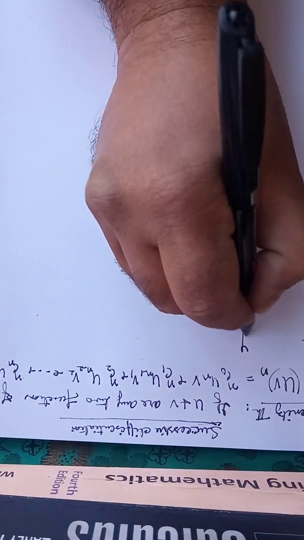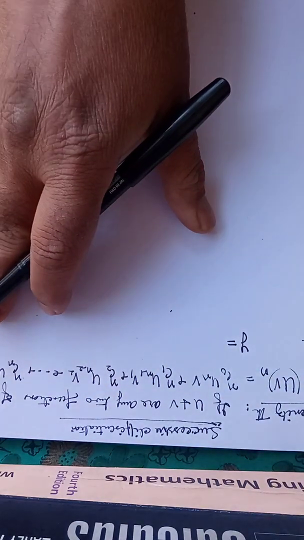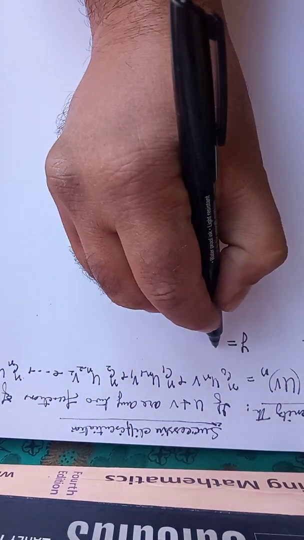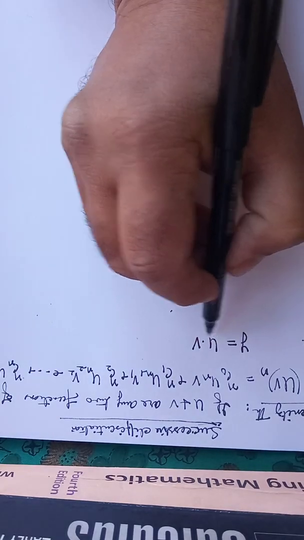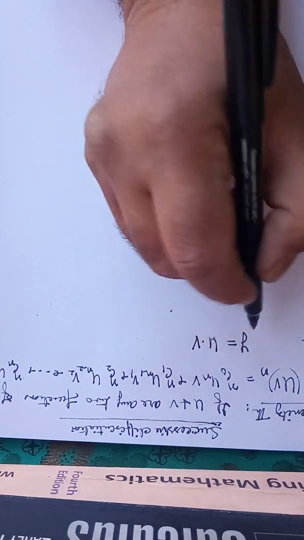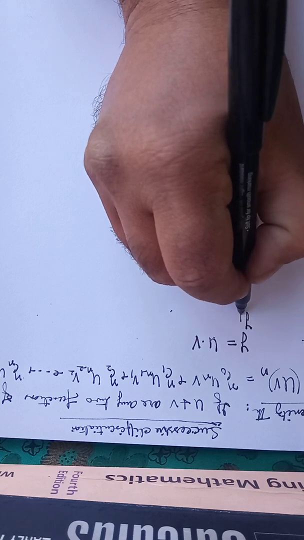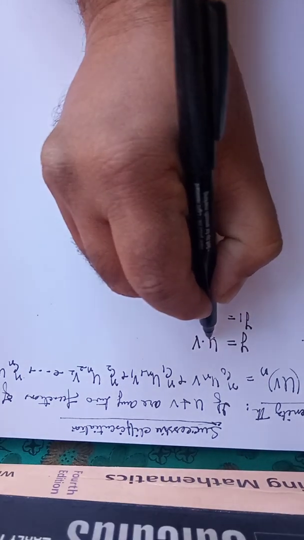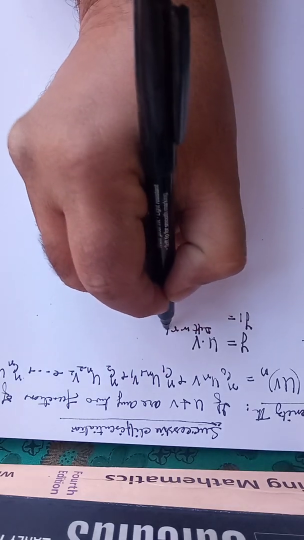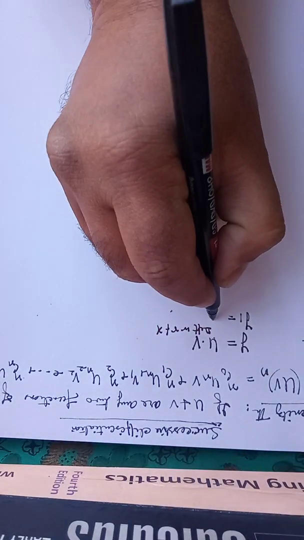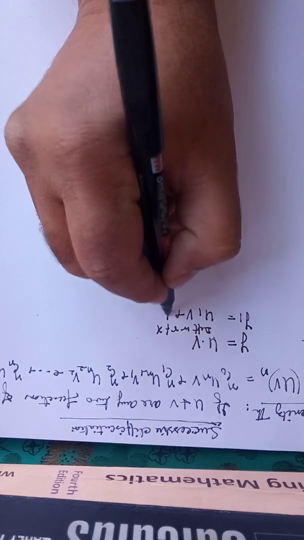We prove this theorem with the help of mathematical induction. If you have u and v, two functions of x, then y is also a function of x, but this is the product. So if I find y1, the derivative with respect to x, I have to differentiate this with respect to x. What I will get is u1 v + u v1.